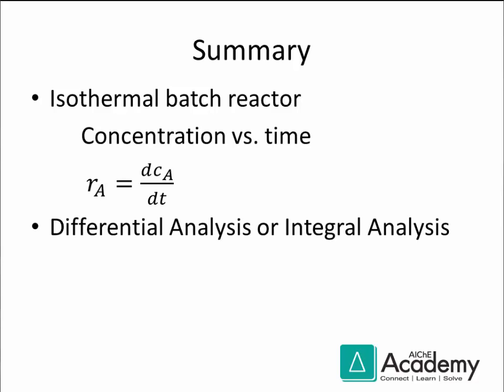And there are two ways of analyzing the concentration data: a differential analysis, where we use the concentration data to estimate the value of the time derivative at various points in time, and an integral analysis, where we assume a relationship between the rate of reaction and the concentration of a species, solve the resulting differential equation, and compare the results to the concentration data.